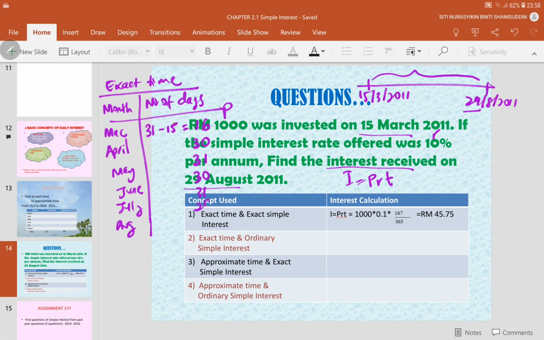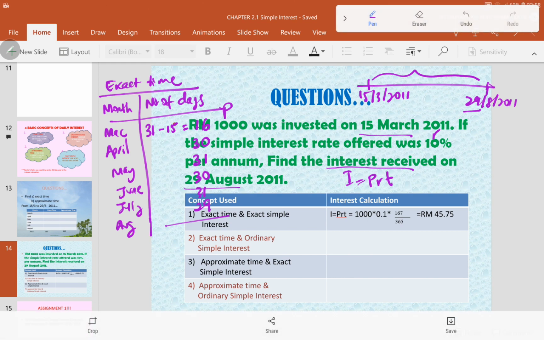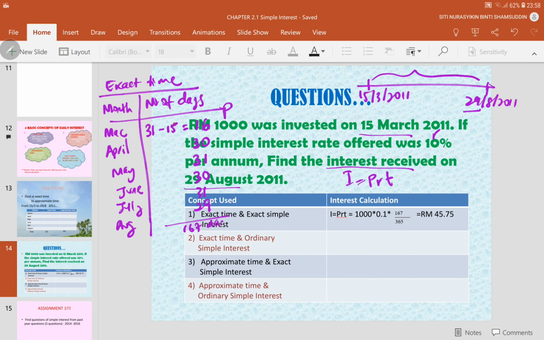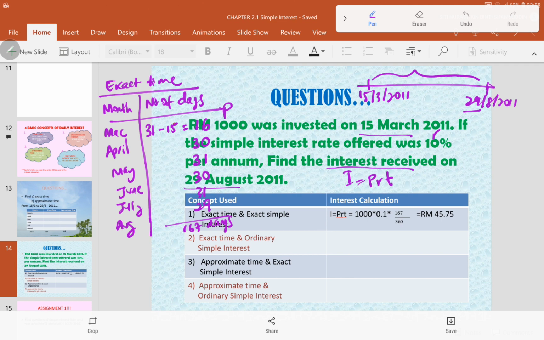So we just take 29 days. So total number of days dekat sini will be 167 days. Okay, nampak. So for exact time, kita ambil exact number of days for every month.